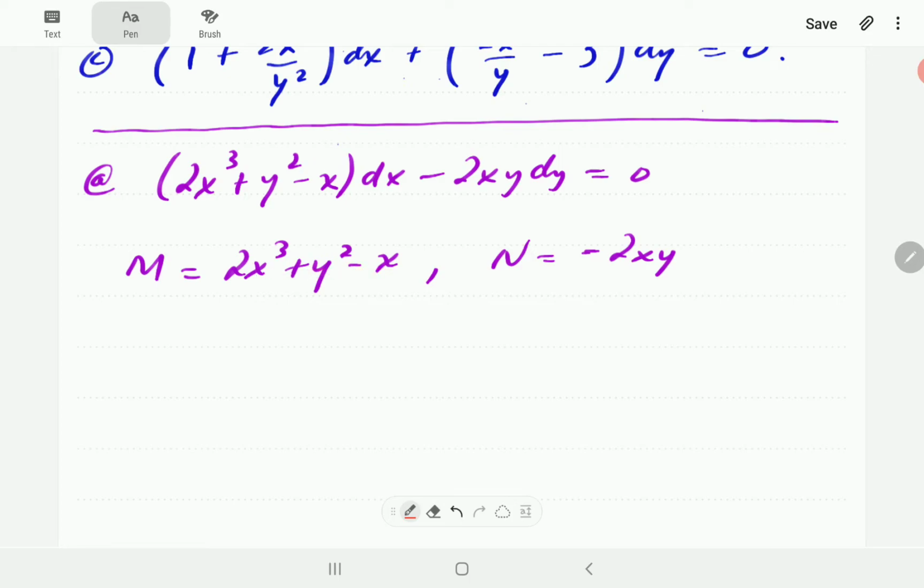So that means the equation is not separable.